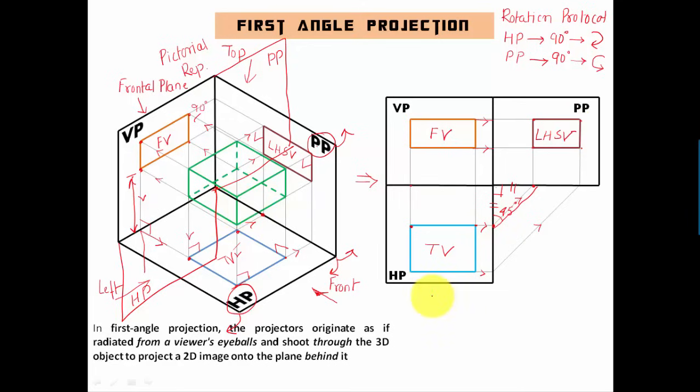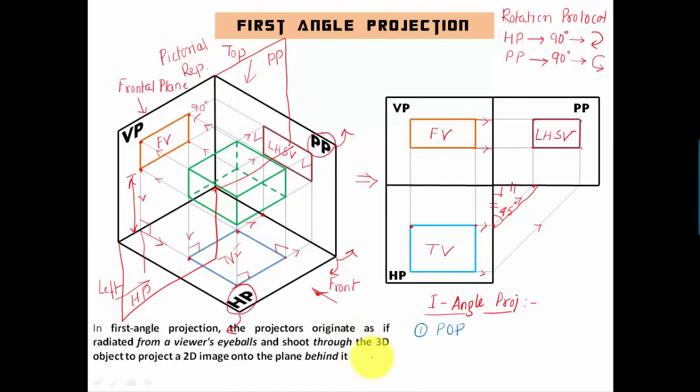So when you speak of first angle projection, the thing that immediately should strike your mind is, number one, let me write this down with a different color. Number one, you have a plane of projection. So this vertical plane can be treated as a plane of projection.